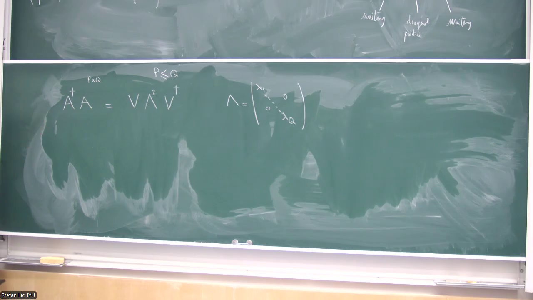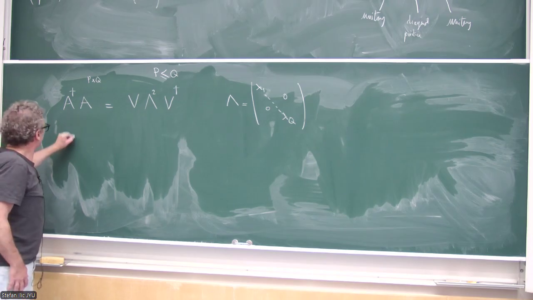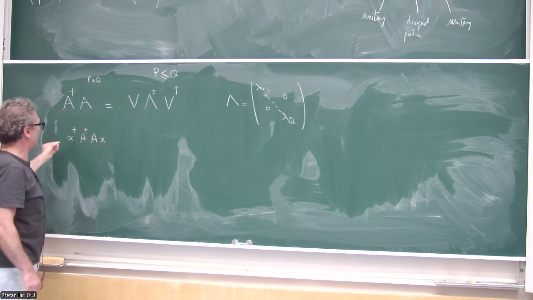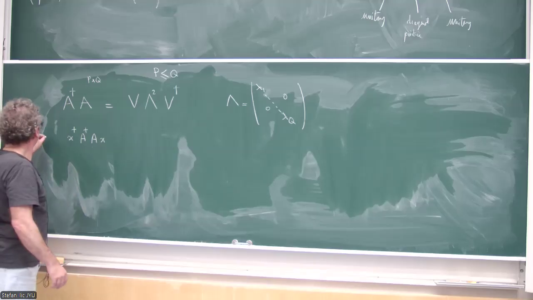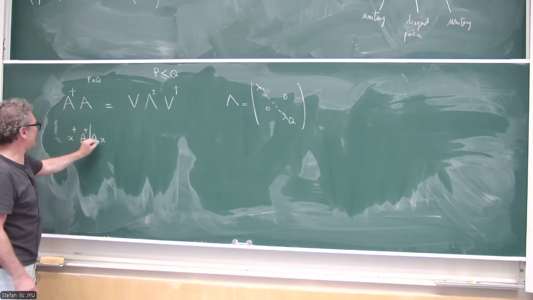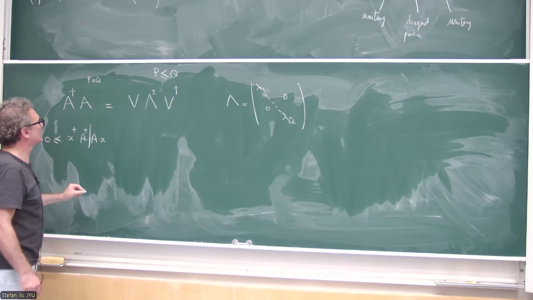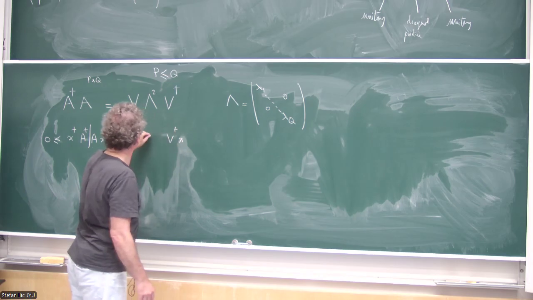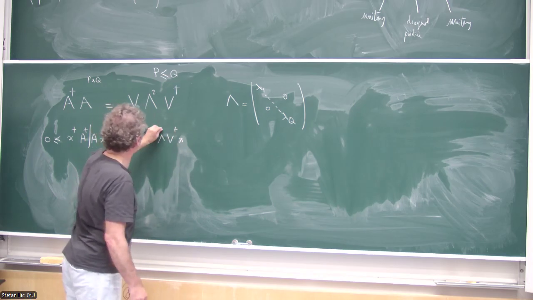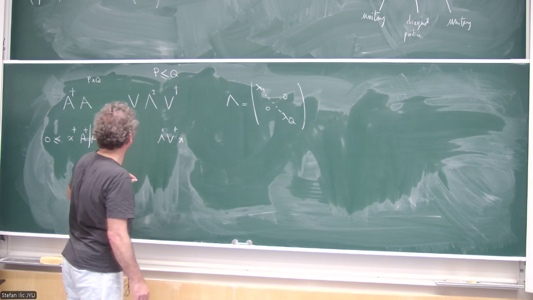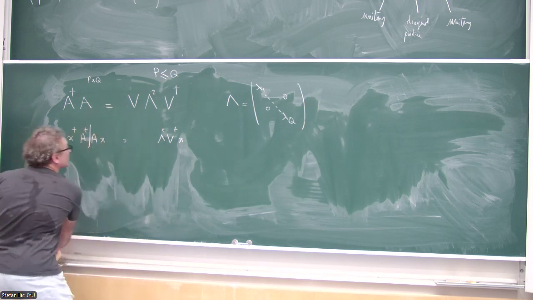Why is it positive? Because this is a positive matrix. If I write X dagger A X, just to get a number, this is actually the scalar product of AX with itself. So this has to be positive. Let me redo this.